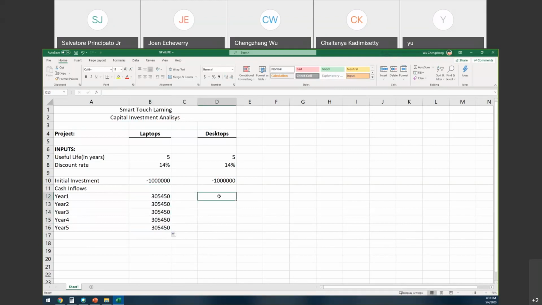For the desktop project, this amount differs in each year. For the first year, 500,000. Second year, 350,000.